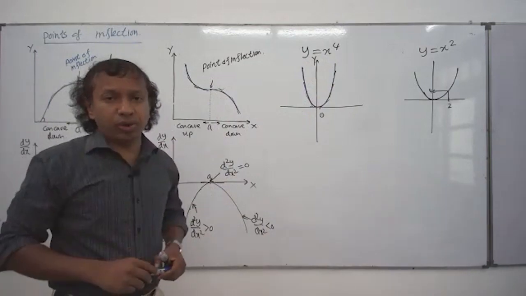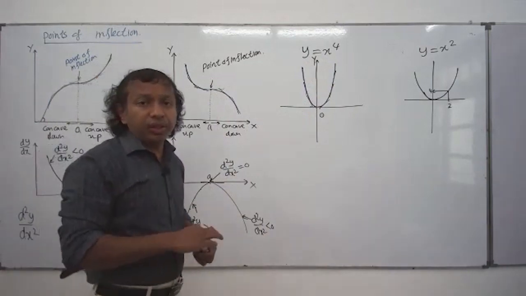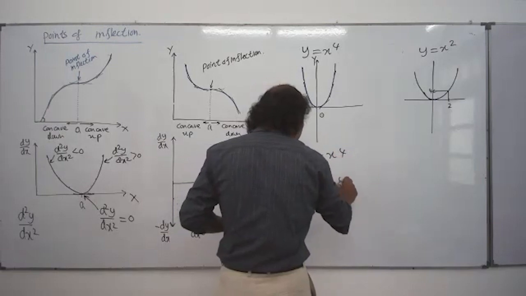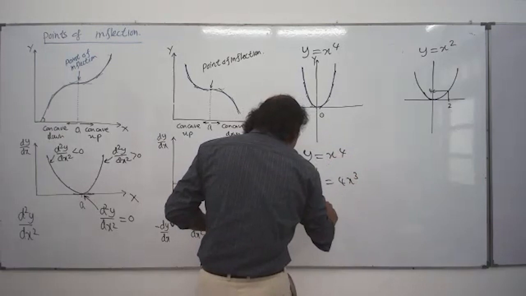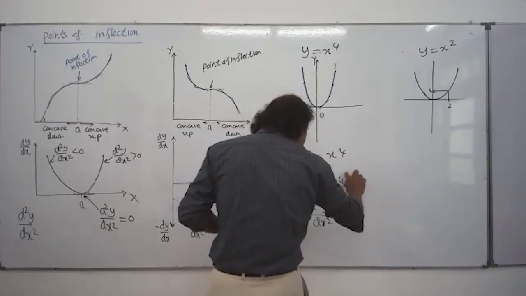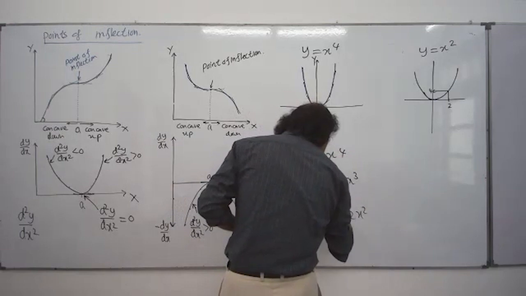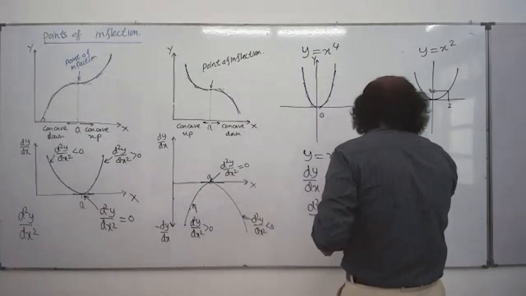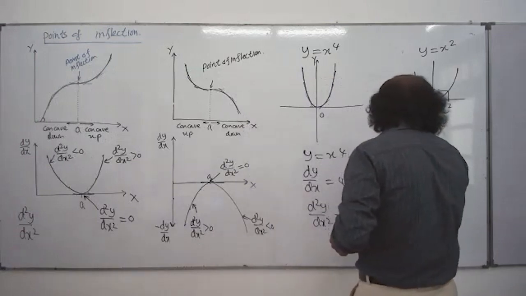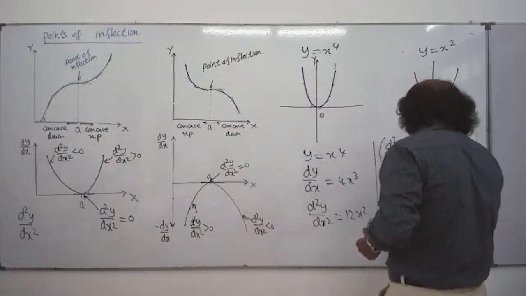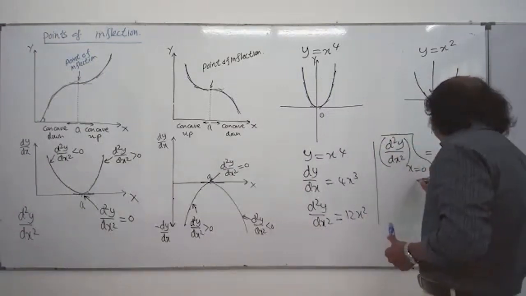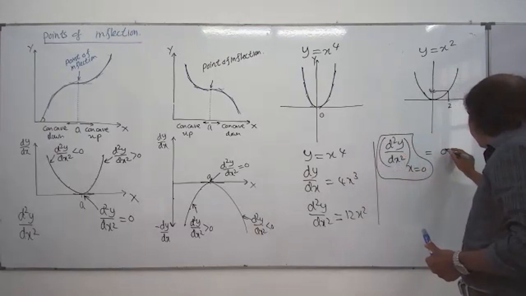Now, differentiating this twice: y equals x to the power 4, dy by dx is 4x cubed, and d2y over dx2 is 12x squared. When I put x equals 0, the second derivative at x equals 0 is 12 into 0, which is 0.